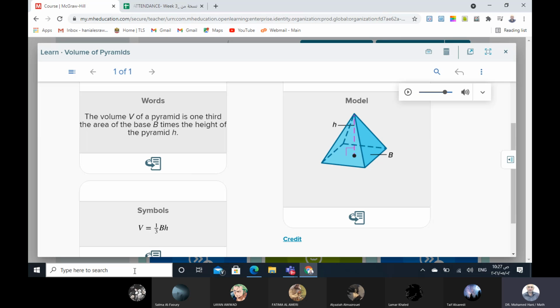So the formula, V equals 1/3 multiplied by the base of the pyramid multiplied by the height of the pyramid. So this formula solves the volume of the pyramid.